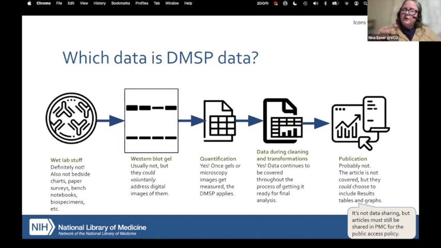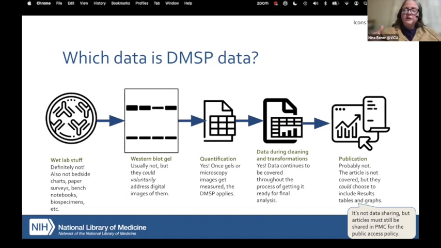Once someone does a bench analysis, like maybe a Western blot, and has a gel, that gel as a physical object is usually not covered, but a team could decide voluntarily to digitize or upload if they're using a digital output blot situation.